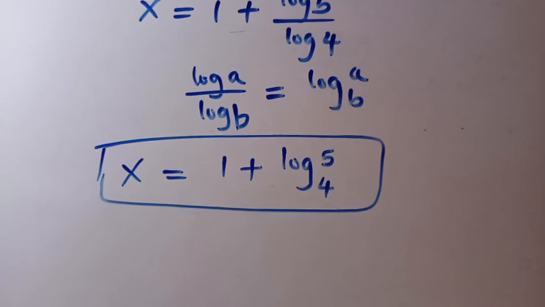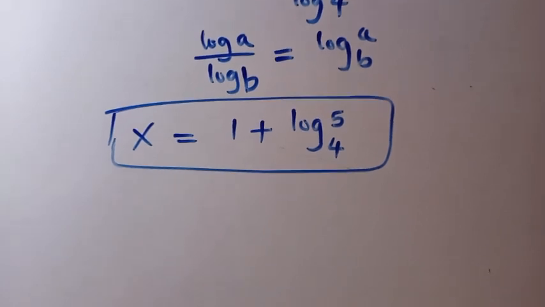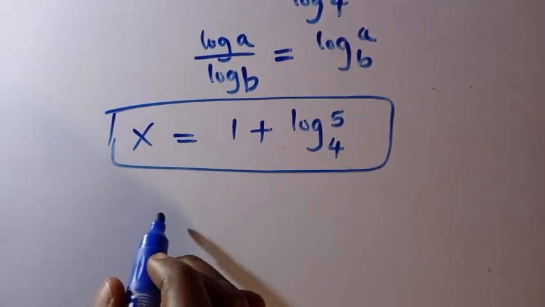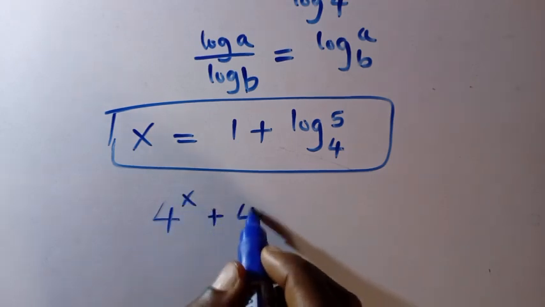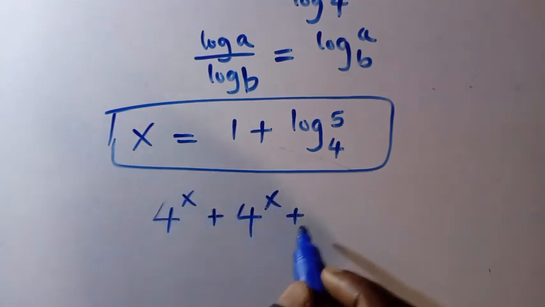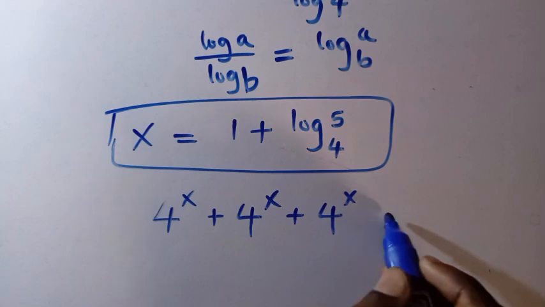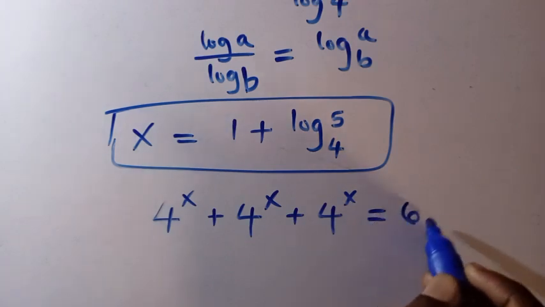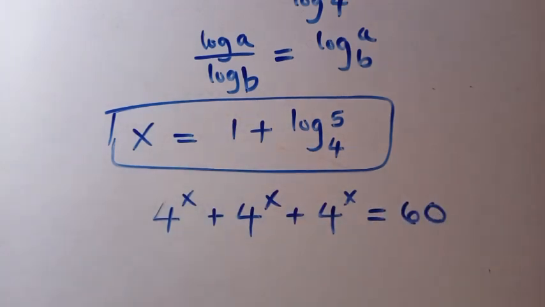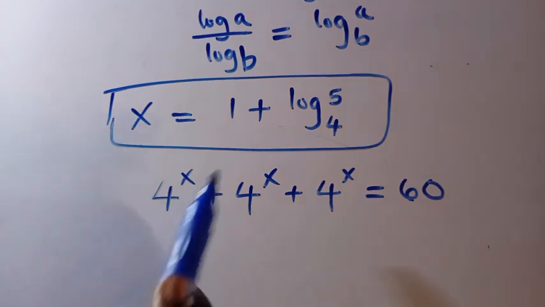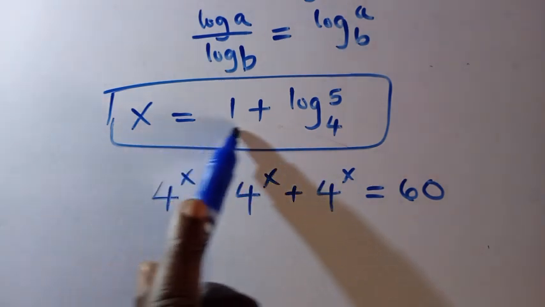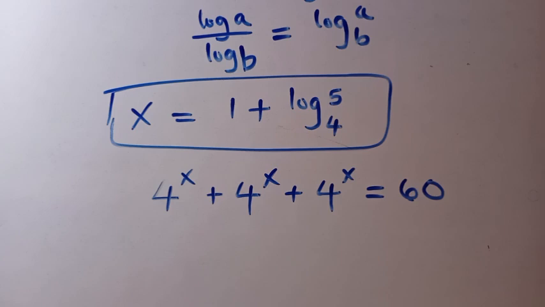Well, let's try to verify if this equals the question. As the question says, 4^x + 4^x + 4^x = 60. So we replace the value of x with 1 plus log 5 base 4.